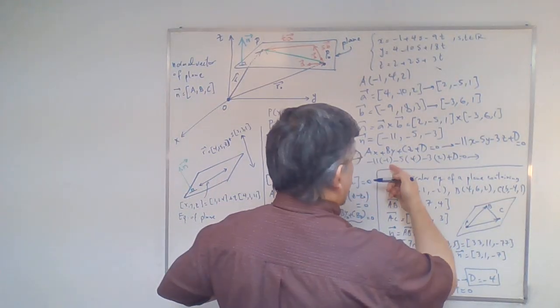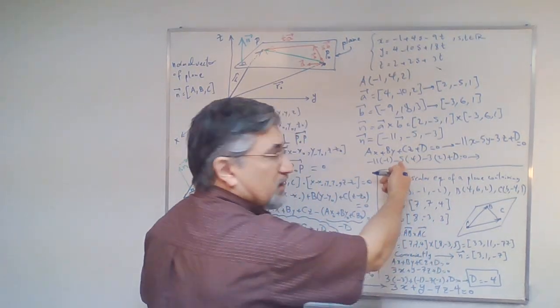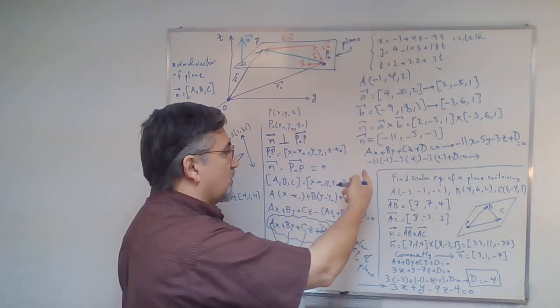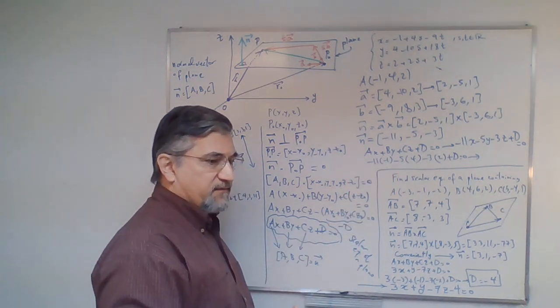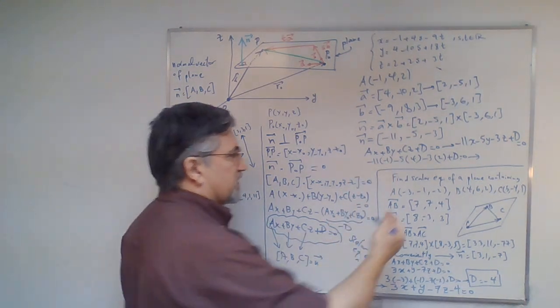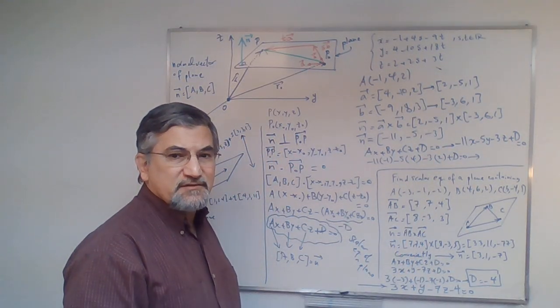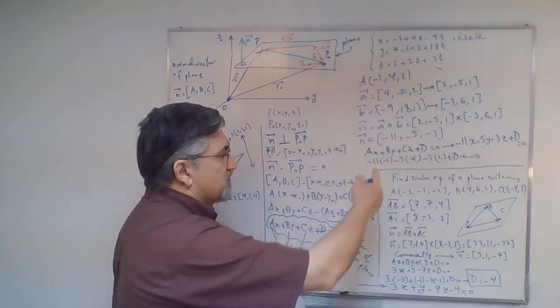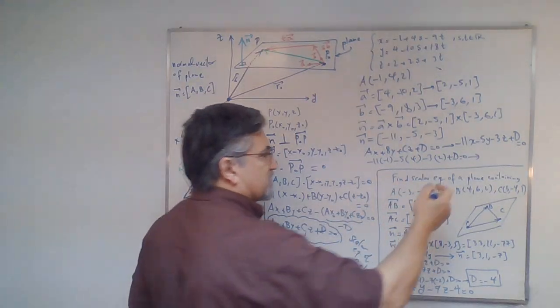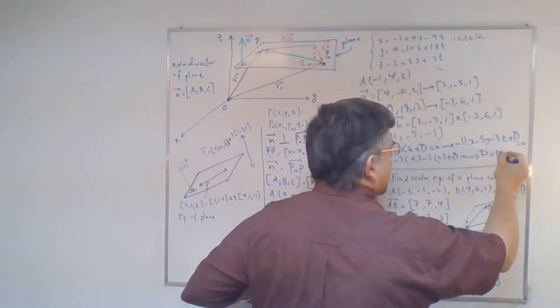So that's 11. That's -20. So 11 - 20, that is going to be -9. -9 minus 6, that's -15. And you move it to the other side, it becomes positive 15. So D is 15.